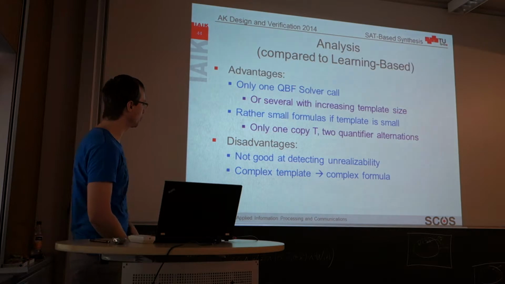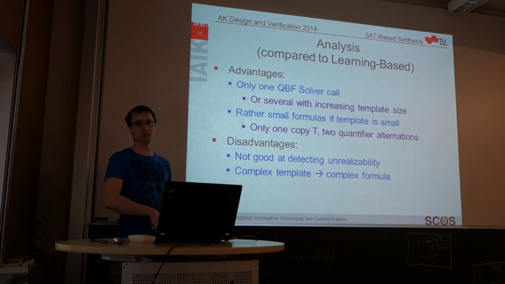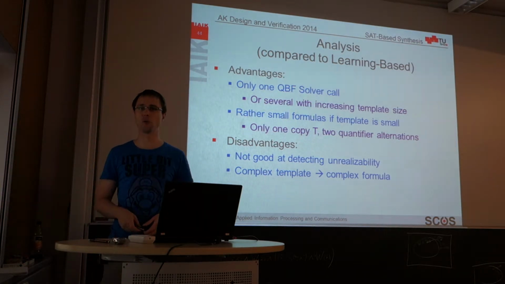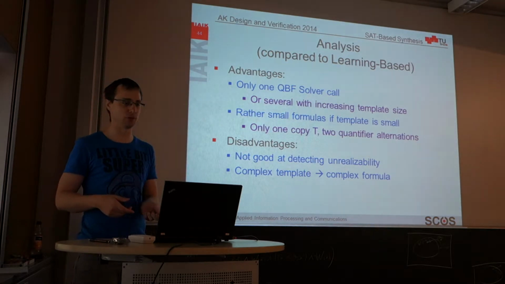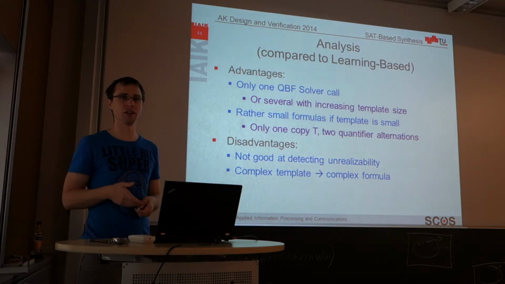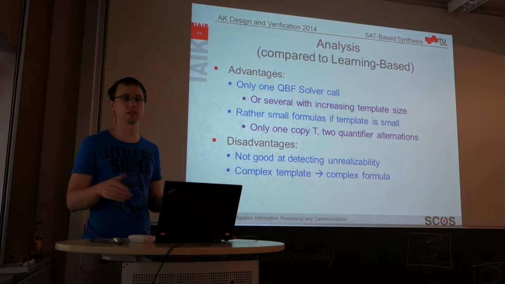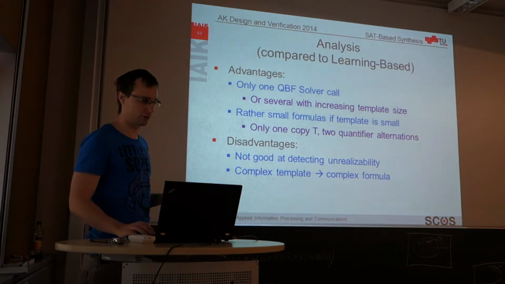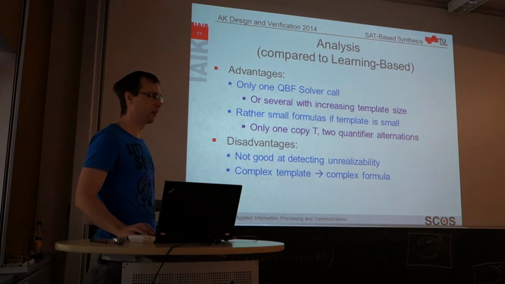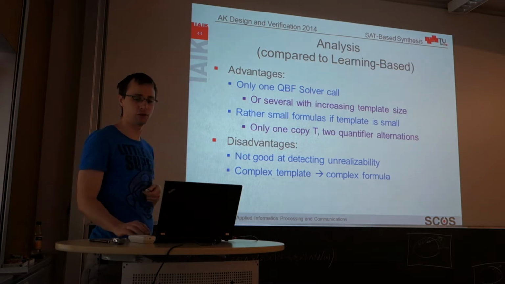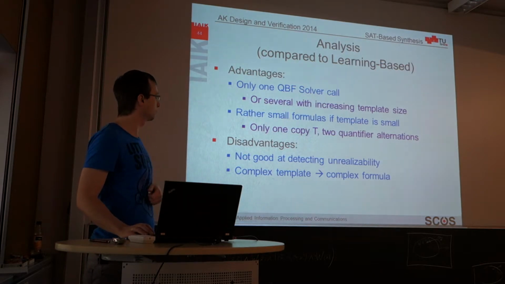The other disadvantage is for complex templates we get also very, very complex formulas, and the search space for the solver is also huge. Depending on how the solver fixes the template parameters, it gets completely different winning regions, and the solver has to search through all the winning regions to find one which satisfies our three important properties.